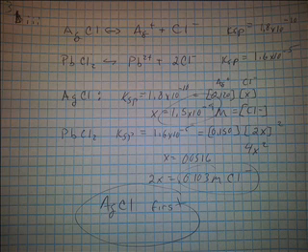So the question asks us, if a 1 molar sodium chloride solution is slowly added to a beaker containing both 1.2 molar silver nitrate and 0.15 molar lead nitrate at 25 degrees, which will precipitate first, silver chloride or lead chloride.